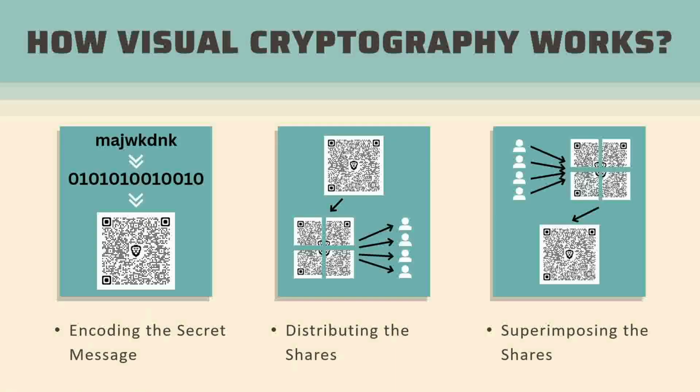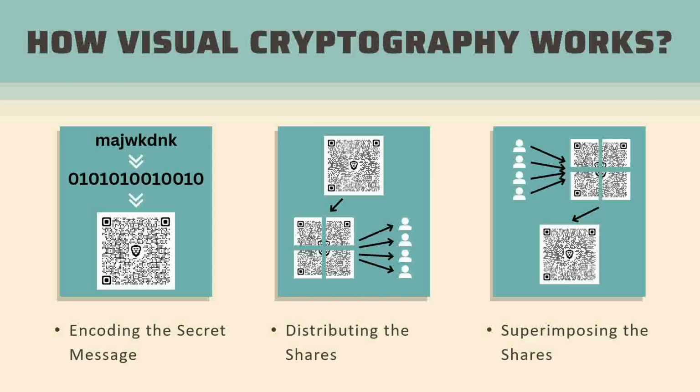Now moving on. So how do we exactly visualize visual cryptography? As we talked, let's say our secret message is MAJWKDNK. We encode it with some algorithm and convert it into a binary string as shown here.